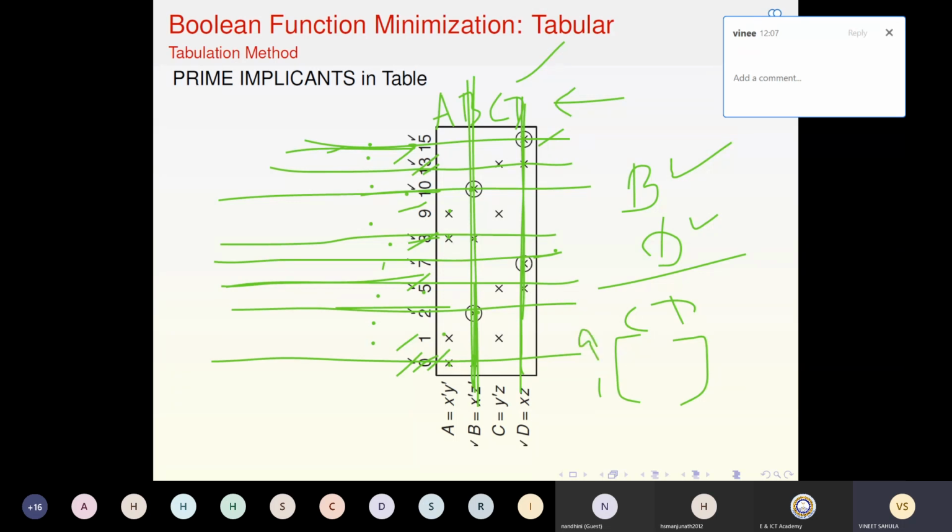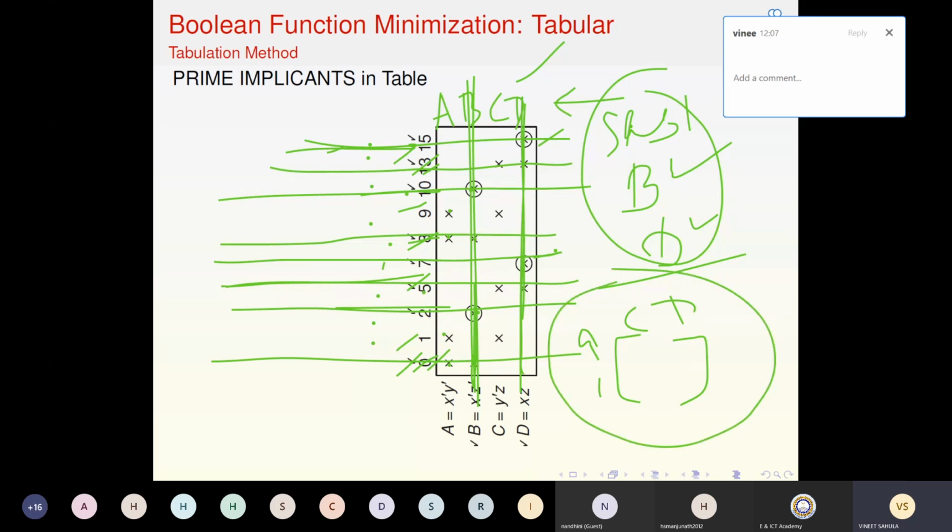Right? So in phase 2, step 1, I have chosen B and D, and the unsolved problem is this now. C and D are remaining, and 1 and 9 are to be covered. 1 and 9 are not covered actually. So 1 is covered by whom? By C also, by D also. 9 is covered by whom?